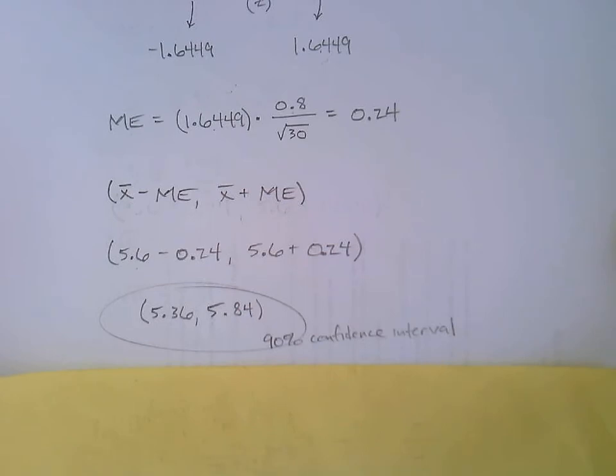A little bit less and a little bit more than 5.6, like that. Okay, very nice. So really we're doing one more example of finding a confidence interval here. Now the 90%, but now we're using that language of the point estimate and the margin of error. Very nice.